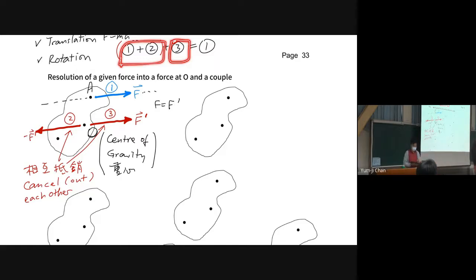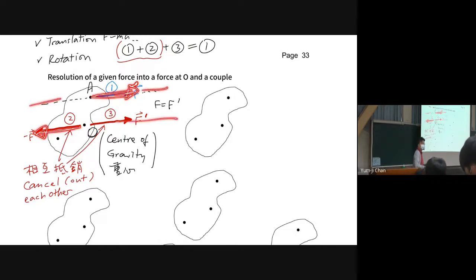For these two forces, we have learned this: force 1 is to the right and force 2 is to the left, the magnitudes are the same, their directions are opposite, and the lines of action are not the same but they are parallel to each other, so it is a couple, right?